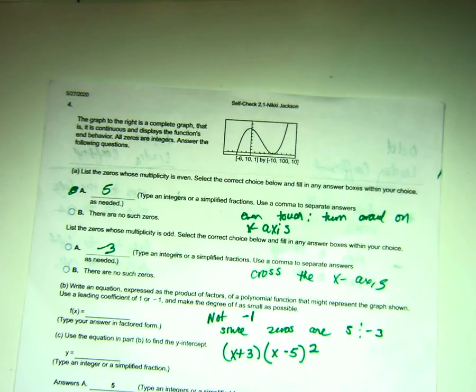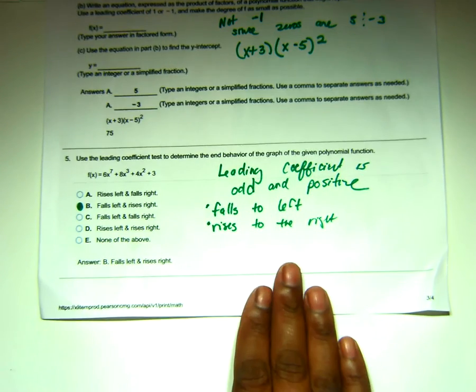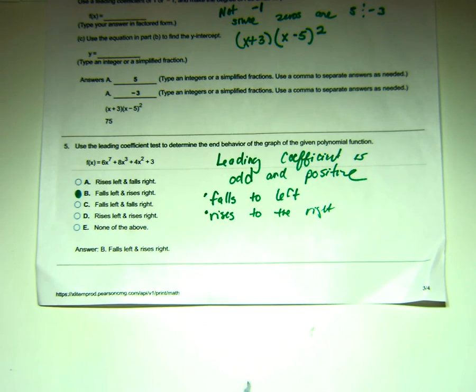But let's see about this one. And again, my apologies for my horrible handwriting, but hopefully you can decipher it. So given the polynomial function, we have 6x to the 7th power, plus 8x cubed plus 4x squared plus 3. Your leading coefficient is always going to be depending on your largest exponent.